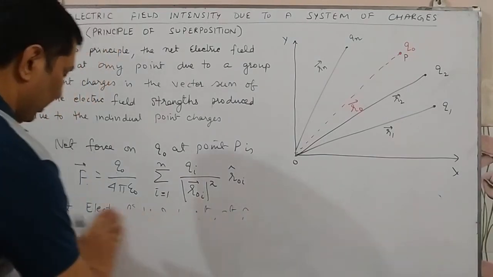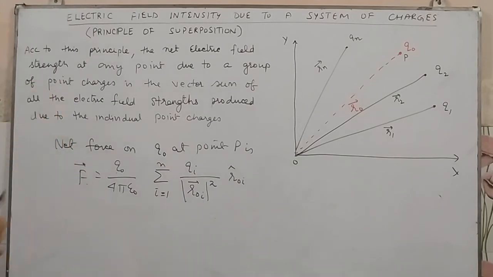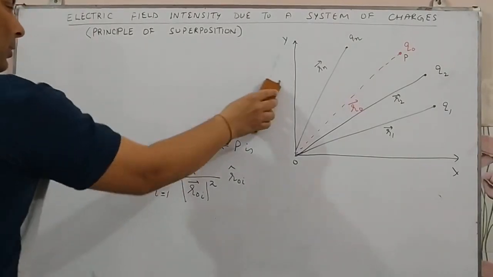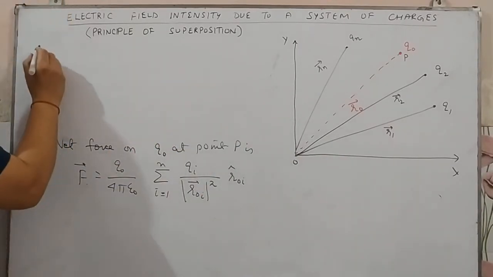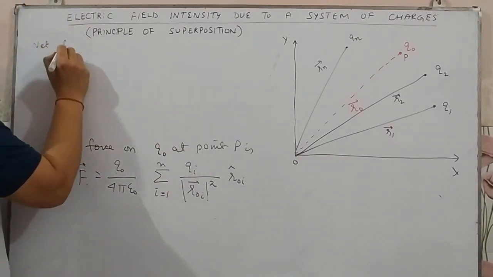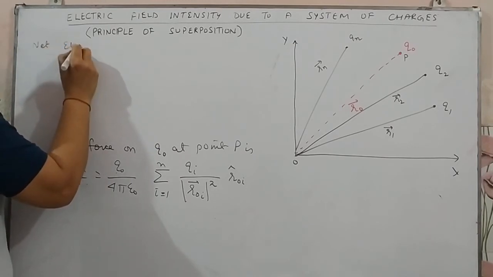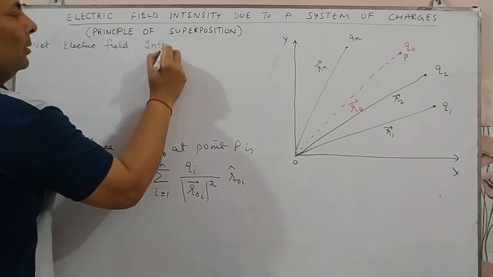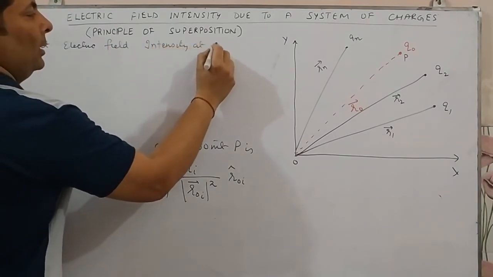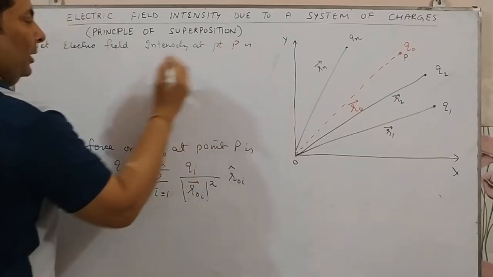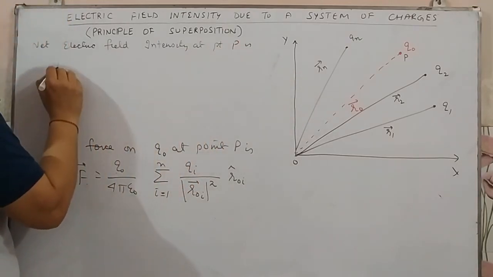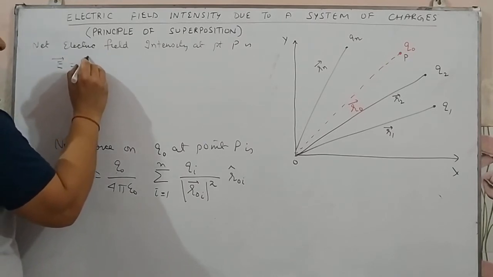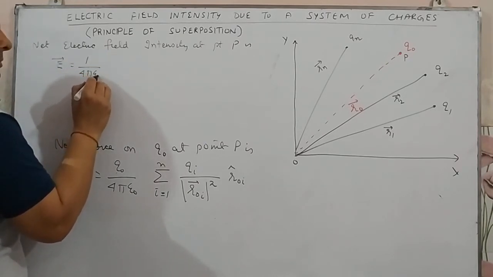So we are looking for the net electric field intensity at point P. Writing it here, the net electric field intensity at point P is, we have electric field intensity for this point. So we have 1 upon 4 pi epsilon naught.